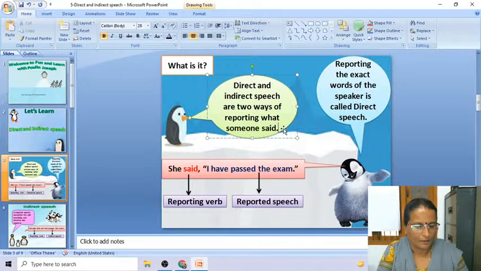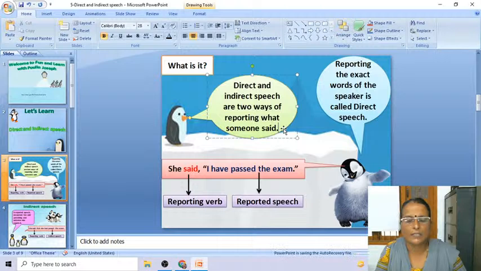Just a minute, children. You can read this slide. What is direct speech? I will ask someone right now, so you have to give the answer. Now you see, she said.